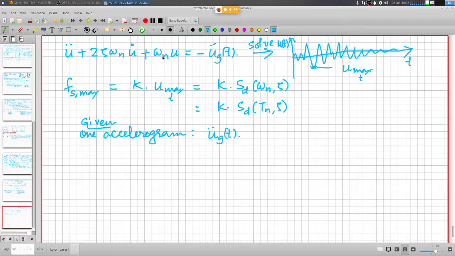So you will start with one omega value, solve this differential equation, get something like this, right? And then extract the maximum of that and tabulate it.